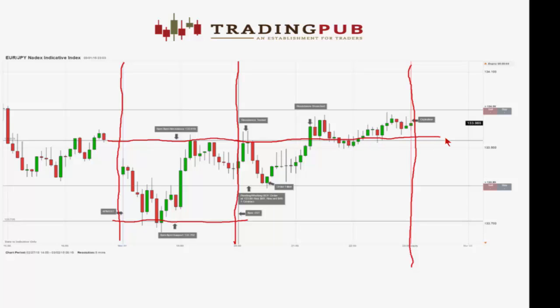If that resistance line, like in today's example, is breached with a 15-minute candle, then you want to buy this market from the closest strike price below the resistance line.